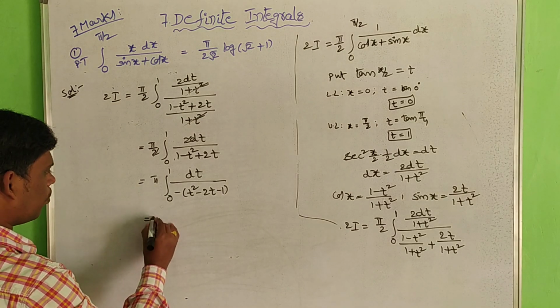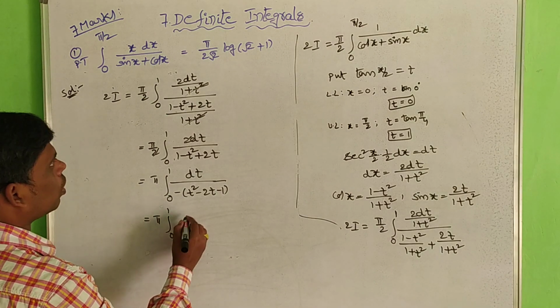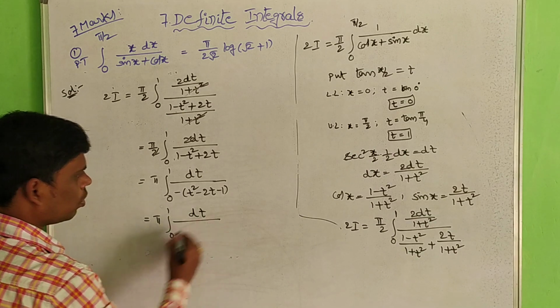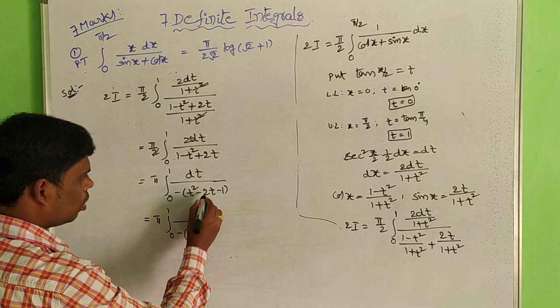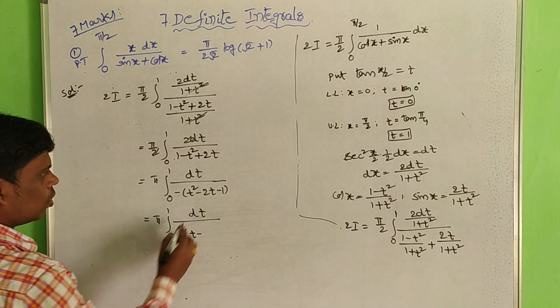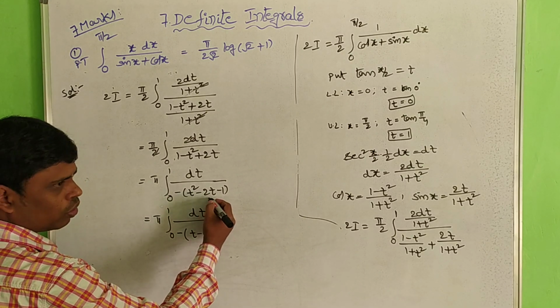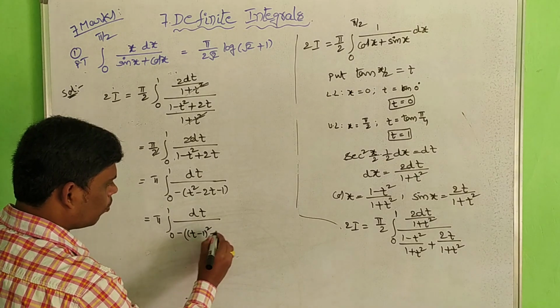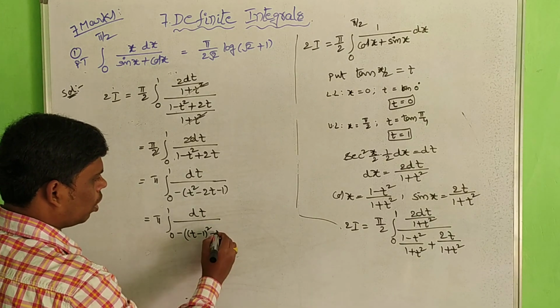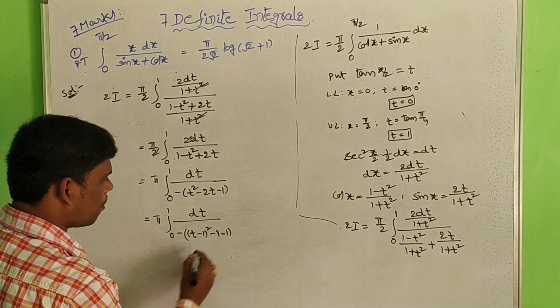That equals pi integral 0 to 1 dt by, this is the adjustment, t. Next, the coefficient of t equals 2, and 2 by 2 equals 1. That equals t minus 1 whole square minus 1 square, and the remaining term minus 1.